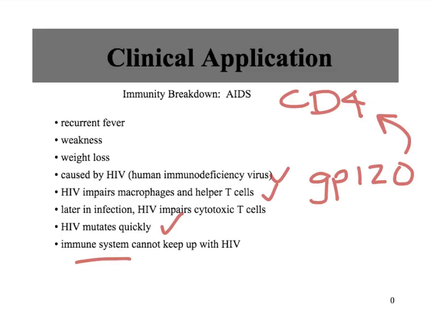The end result is a significant decrease in the concentration of those helper T cells. Now, those helper T cells are the cells that initiate the immune response. So someone with HIV, as we see above, that produces AIDS, suffers from weight loss, fevers, weaknesses.